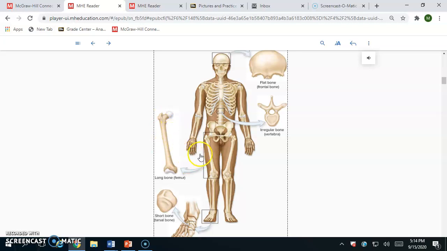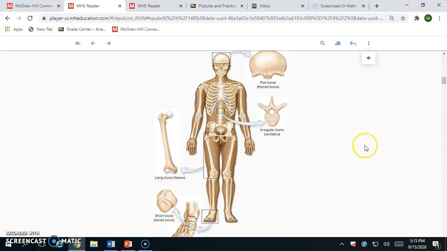So even the bones in the hand and fingers, and in the foot and toes, even though they're much smaller than, say, the femur or the humerus, are longer than they are wide, so they're still considered long bones based on their shape. That's the little tricky part with that.